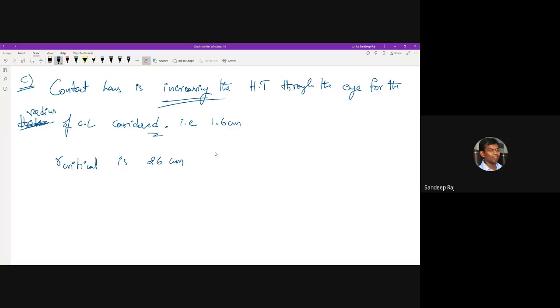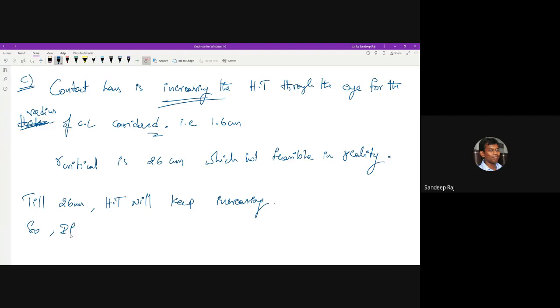R critical is 26 centimeters, which is not feasible in reality. In reality, you cannot have a 26 centimeter radius contact lens. That is not possible. And till 26 centimeters, heat transfer will keep increasing.